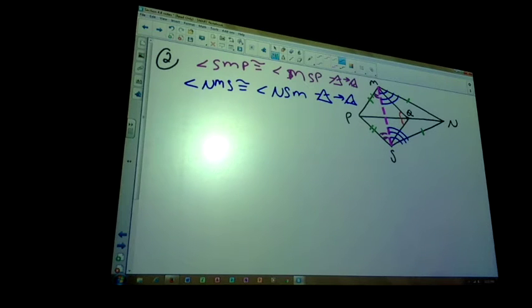Thoughts? QN is congruent to itself, so that gives me a side. QP is QP, that gives me just a side. Side to side.